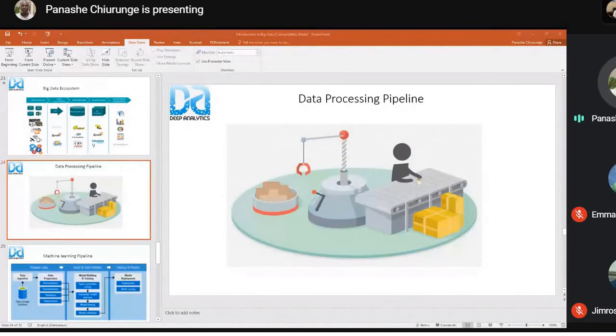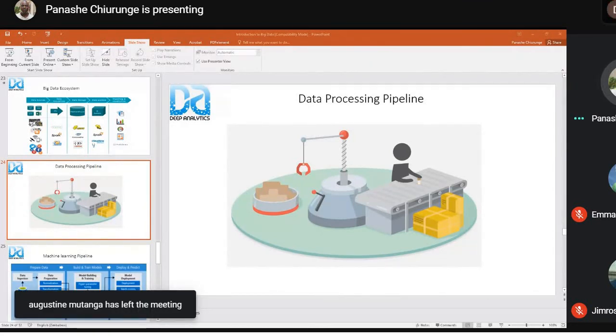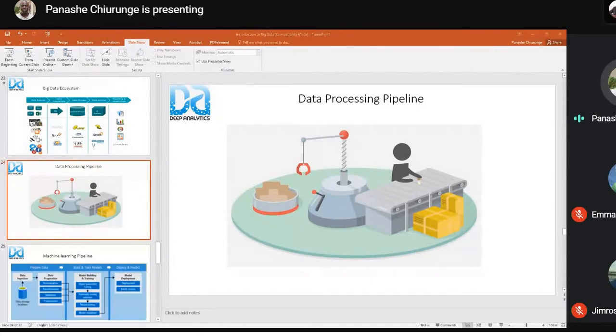But that model has since changed. We now think a lot, especially in machine learning terms, even if we're dealing with vast amounts of data, of data as a pipeline, more than just extracting, transforming, and loading data.